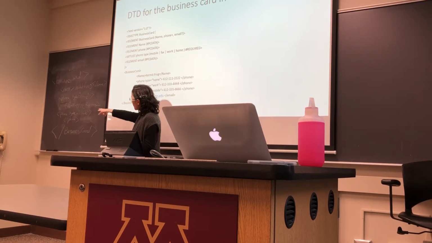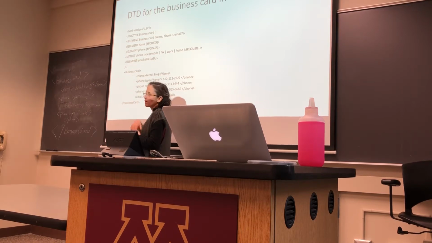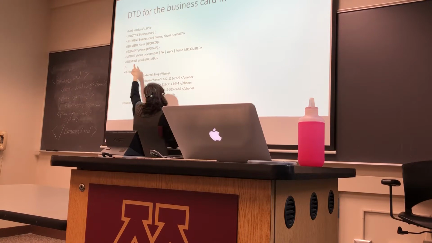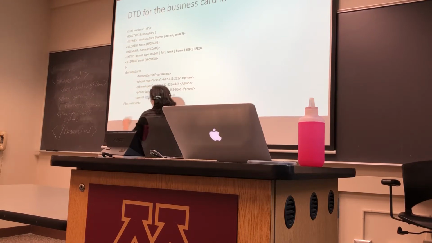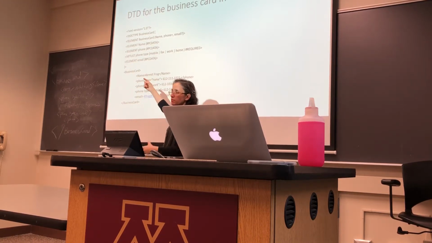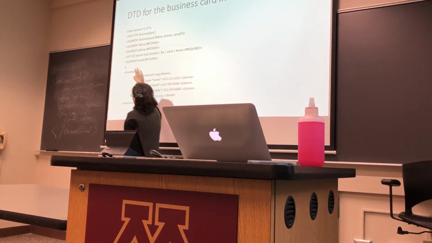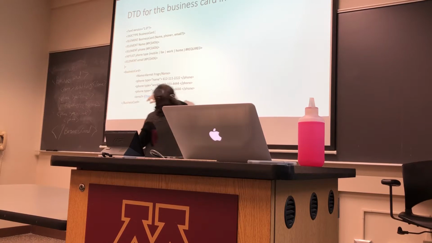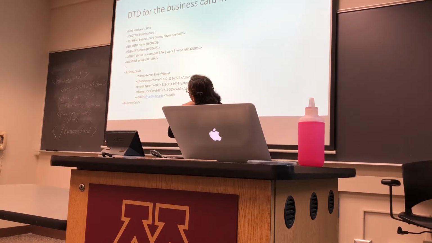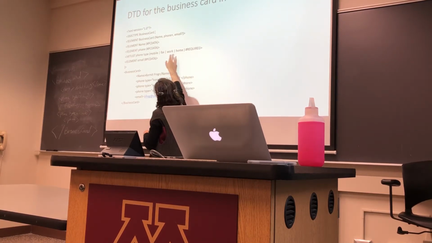Since I only have 1 attribute, I have only 1 at list here, and it's saying that I have an at list. I first give it the name of the element, not the name of the attribute, because it can get to the attribute from the element. So in the at list, I give it the name of the element, followed by the attribute, and then I could say, yeah, those are the possible values for my phone type.